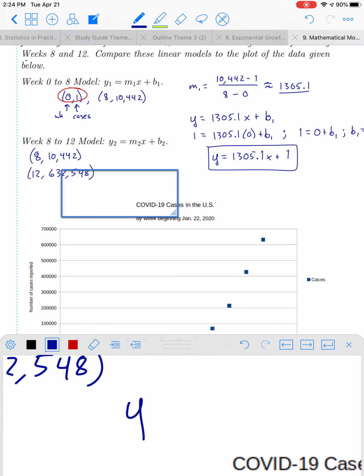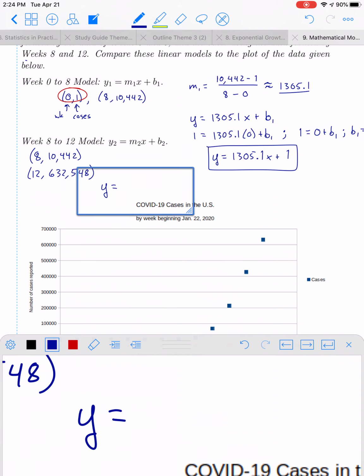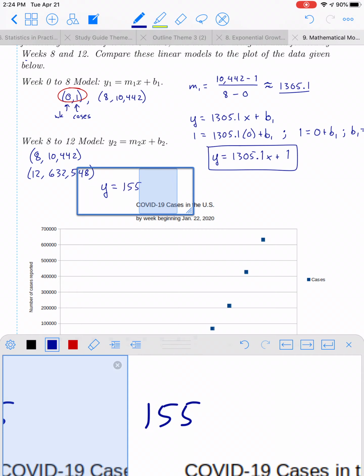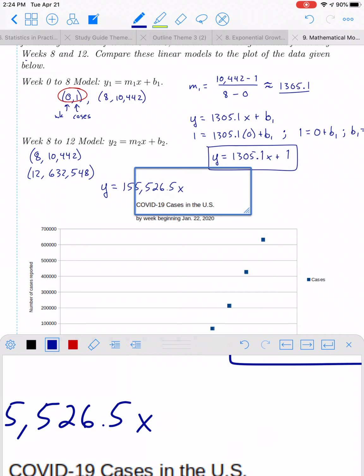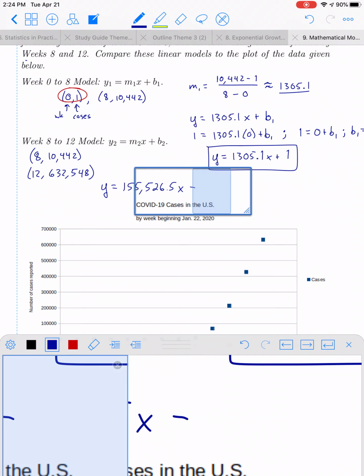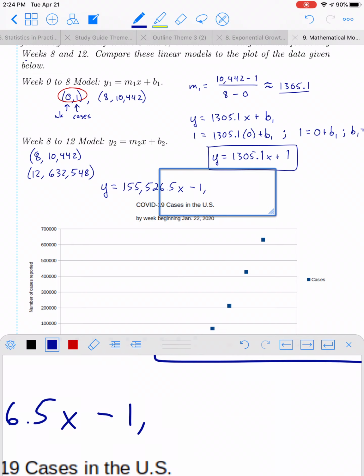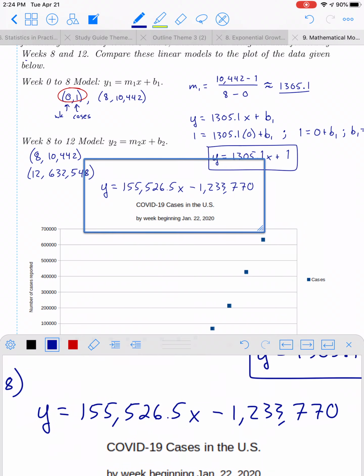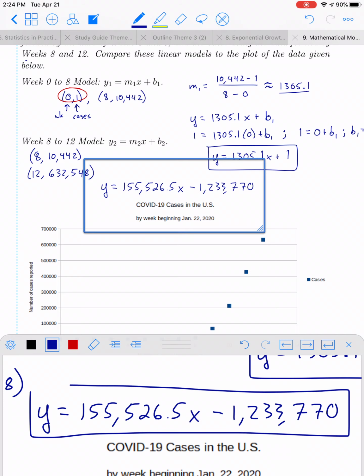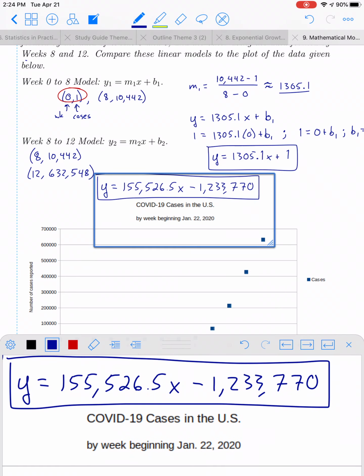So this is going to come out to y equals, and there's some work, you just basically follow the steps from above, 155,526, just rounding to 1 decimal place, times x, minus 1,233,770.